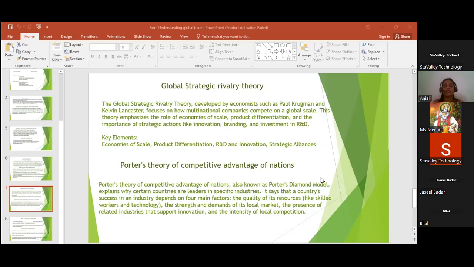Competition in the IT world is tough, as they have good IT sectors and good knowledge in IT. So these companies are booming in this industry nowadays, and they come under Porter's theory of competitive advantage. So far it is clear, guys.